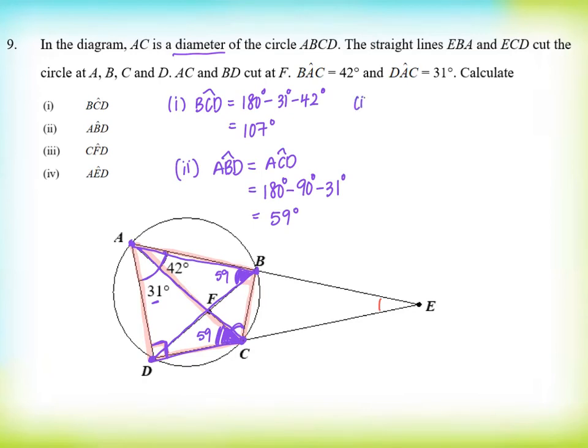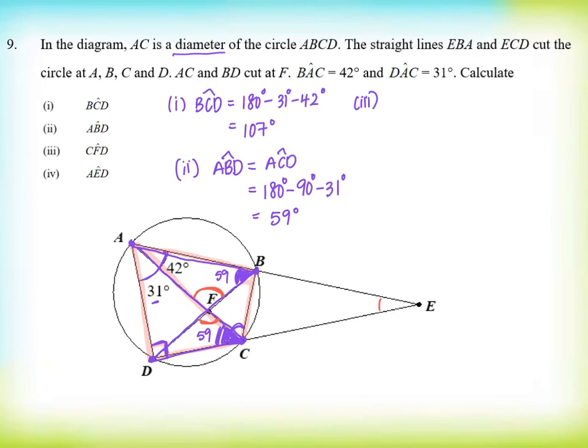Part 3. Find the angle CFD. Where is the angle CFD? CFD is over here. This is vertically opposite angle BFA. If that's the case, we can use angle sum of triangle for triangle ABF.